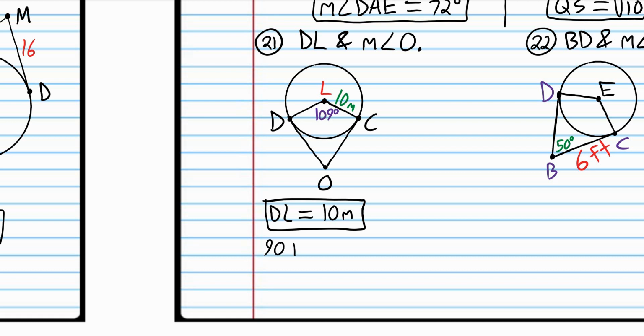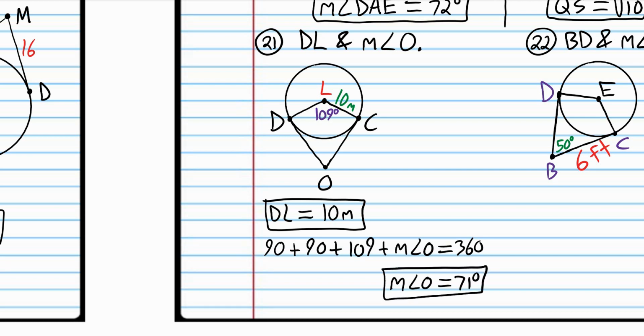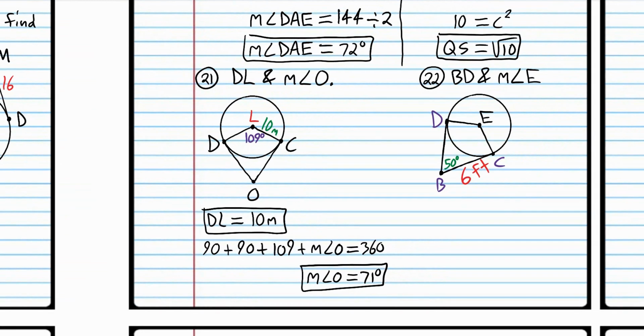So angle D plus angle C plus angle L plus the measure of angle O, and again I should be saying measures of the angles, is 360. So do all the math on that, and we should get 71 degrees. So measure of angle O is 71 degrees. So if you got those answers, good job.